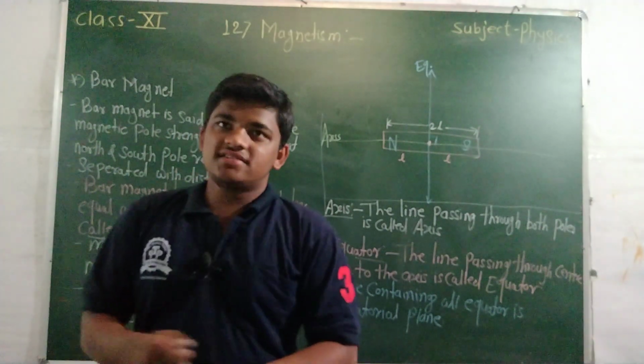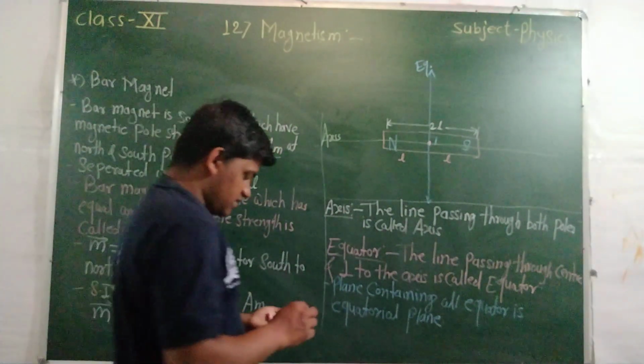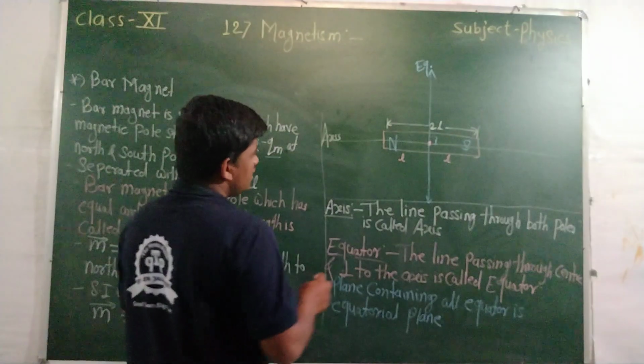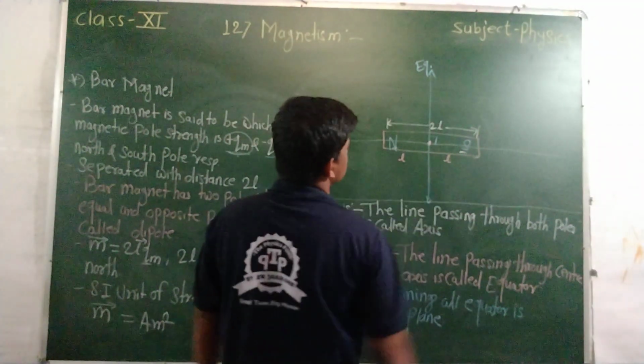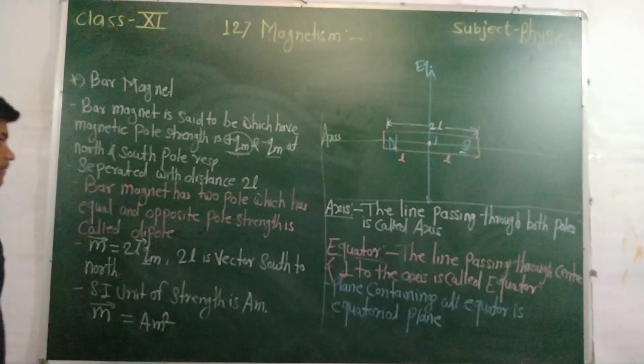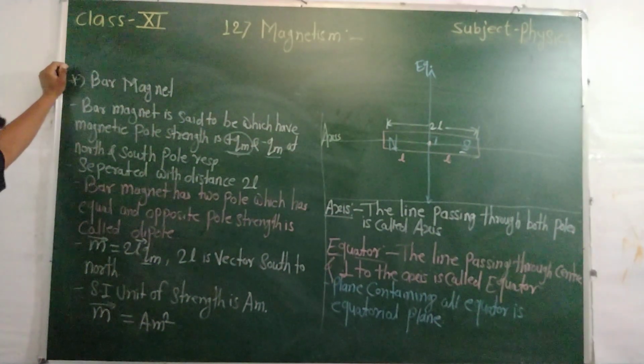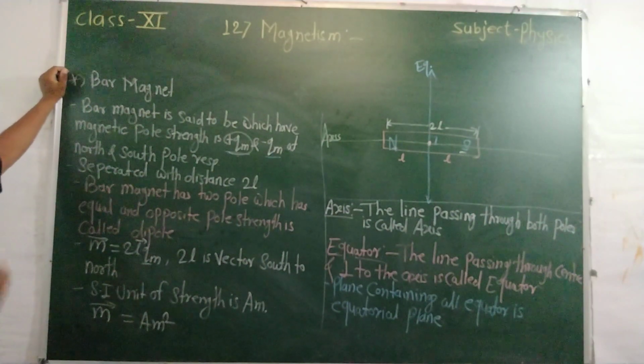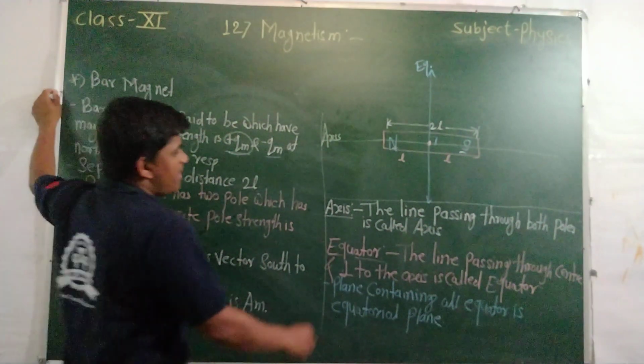Magnetic length, this is the next term. The magnetic length is the distance between the two poles. The distance between two poles is called the magnetic length. This is 2L, and how can I find the magnetic length?